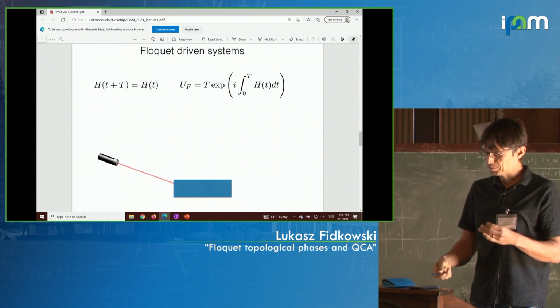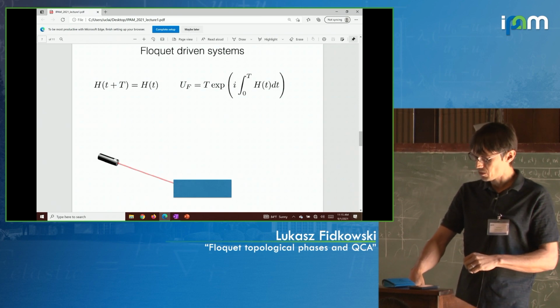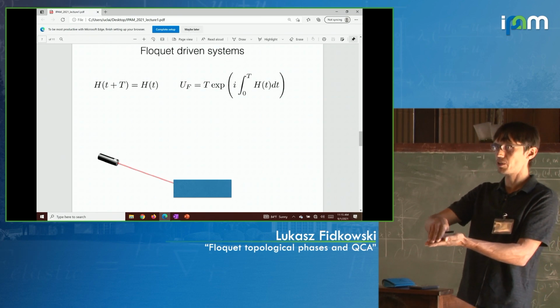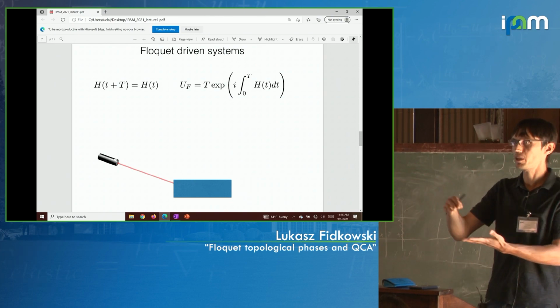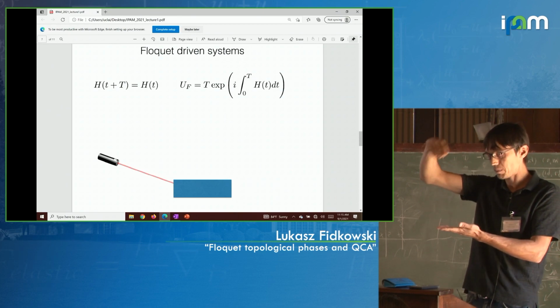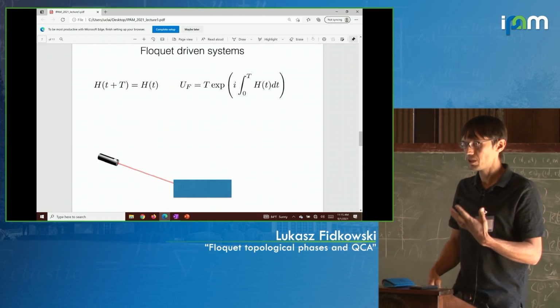Instead, it turns out, and I'll refer back to this later, it's useful to consider this Floquet unitary, which is the time evolution over a single period. Diagonalizing that operator tells you something about long time behavior, at least at stroboscopic times, integer multiples of the period. But this is a unitary.